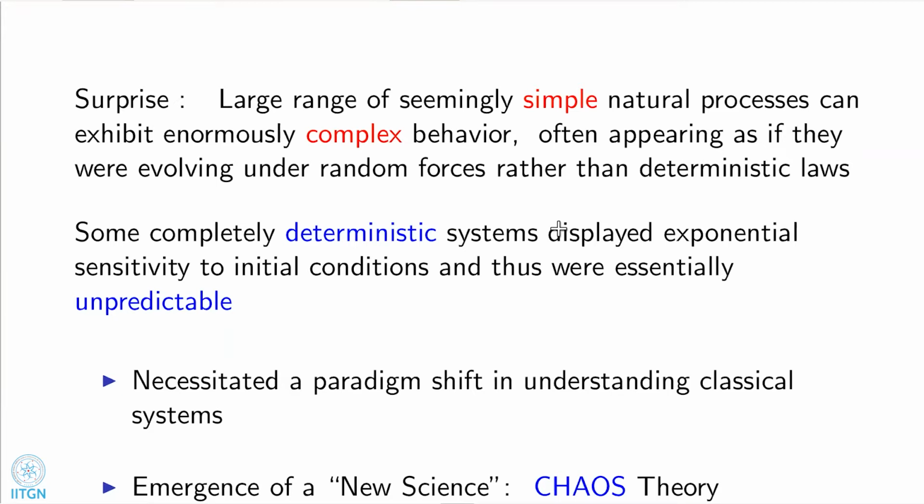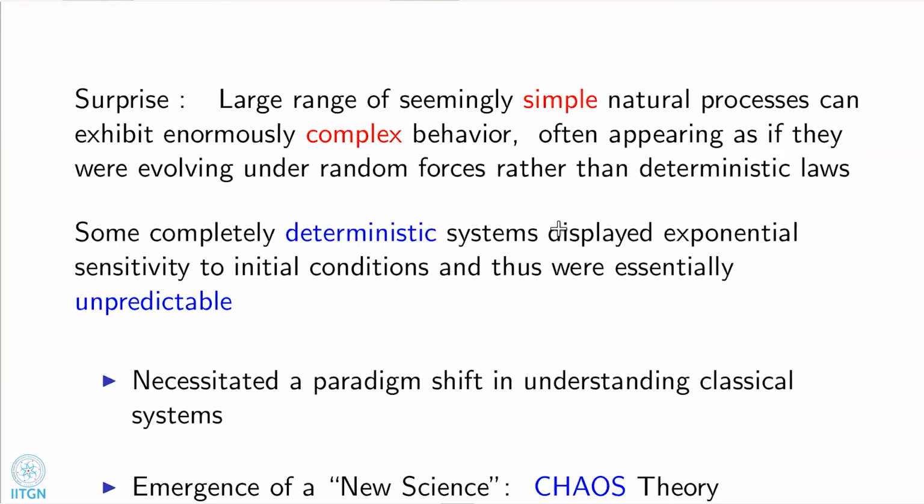It was so complicated that it often appeared as if they were evolving under random forces rather than a deterministic system. Basically, a completely deterministic system, with no stochastic influences, displayed exponential sensitivity to initial conditions. And this made it, in effect, unpredictable. Very bad news for astrologers, but this is what was observed over and over again with simple systems.